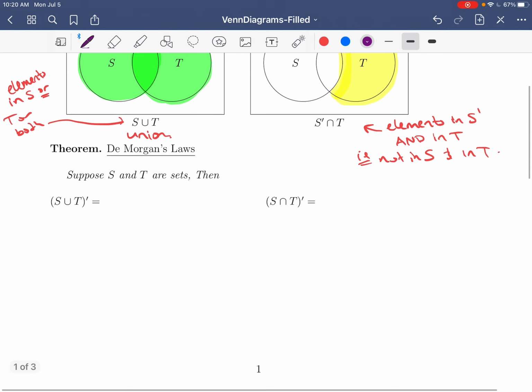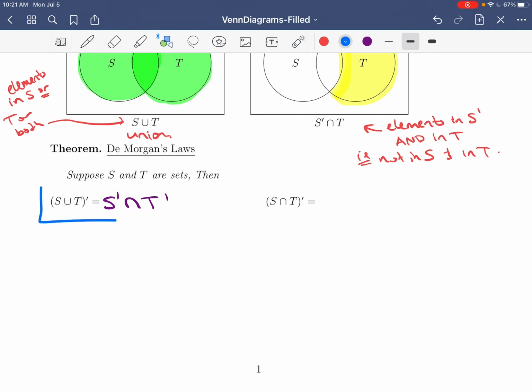Now there are some laws you can use for complements that I can show you, or show one of them. I'll show one of them using a picture. So S union T all complement is S complement intersect T complement. So you switch the sign and you complement each thing.